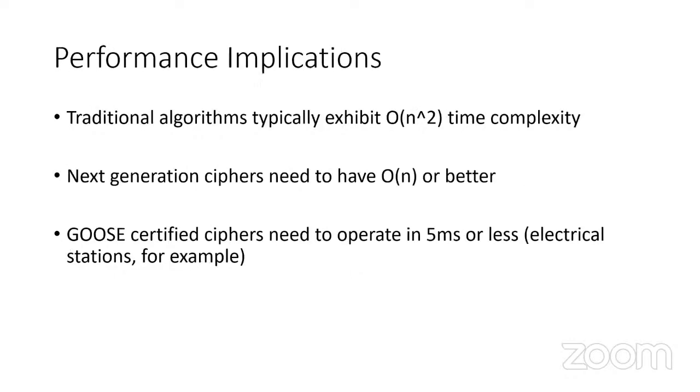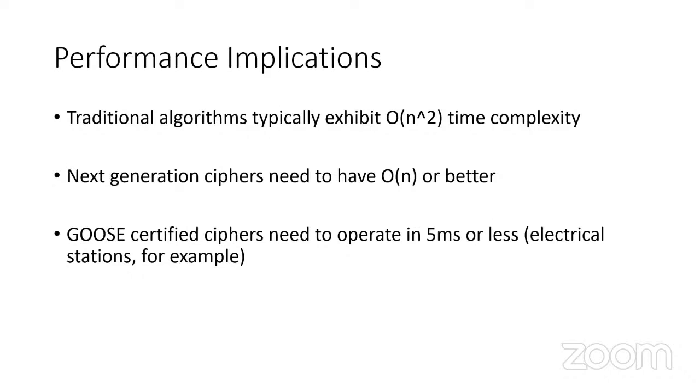Now, speaking of performance, what you'll typically see in a normal cryptography algorithm is that as you increase the key size, you get worse than linear, O(n), performance. You'll get something like O(n squared), sometimes even worse.